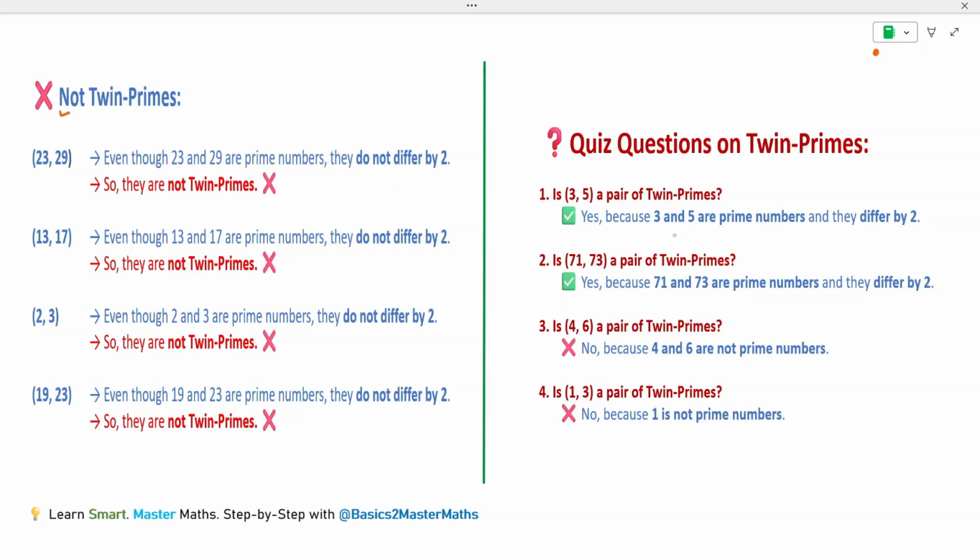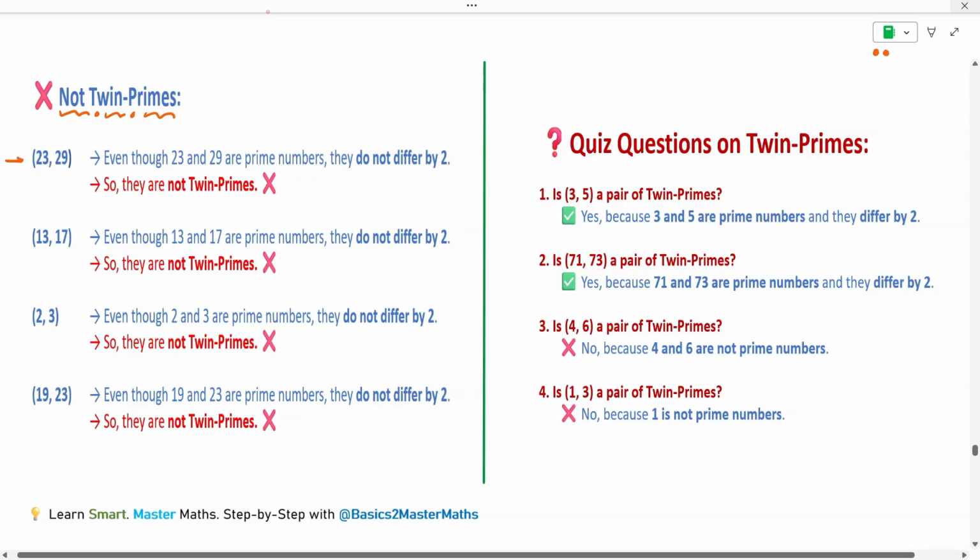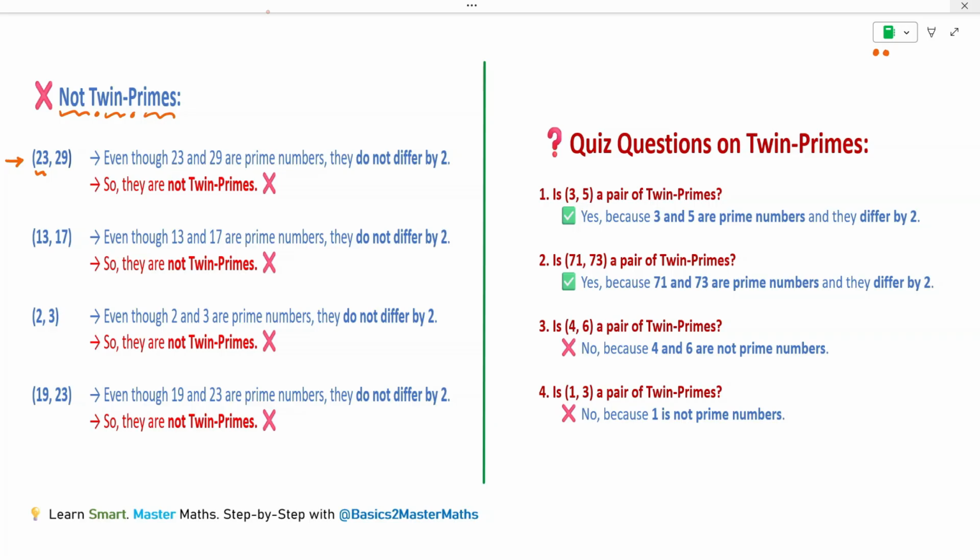Now, look at the below examples. Example 1. A pair of 23 and 29. In this case, even though 23 and 29 are prime numbers, they do not differ by 2.